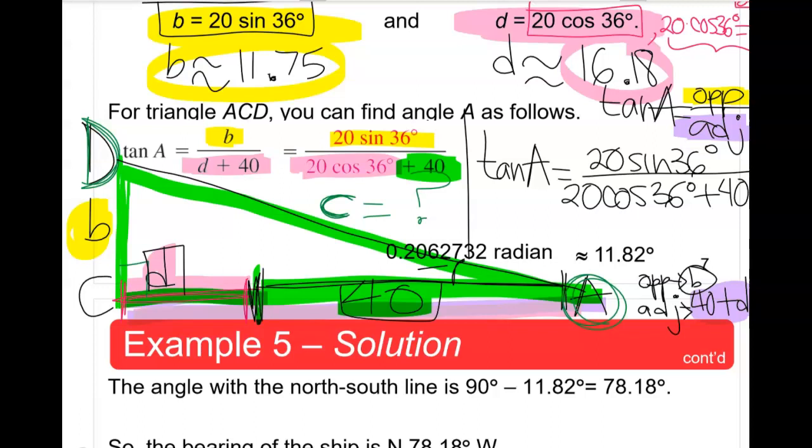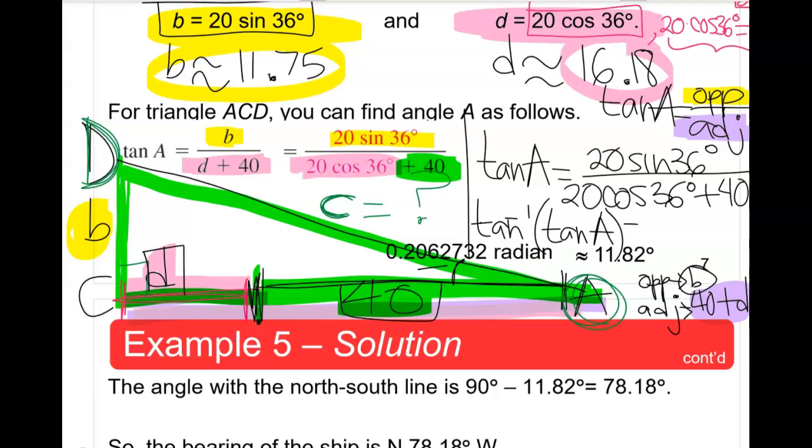All right, so now for us to be able to solve for A, we're going to need to find the inverse of tangent, and that will be tangent inverse of tangent.